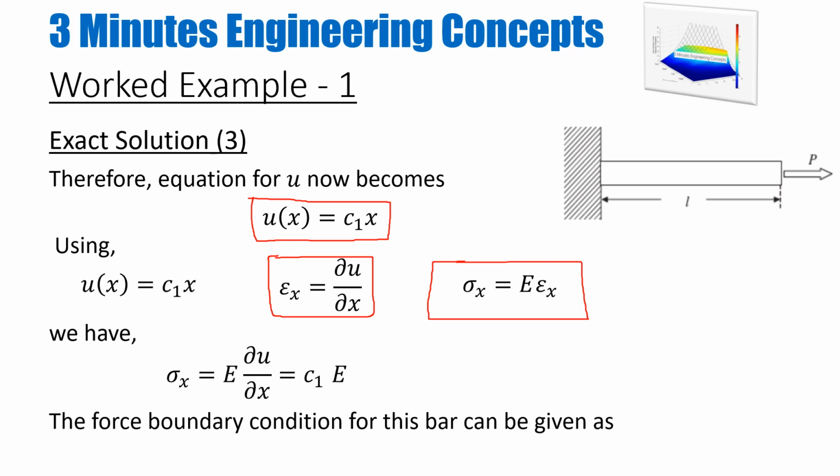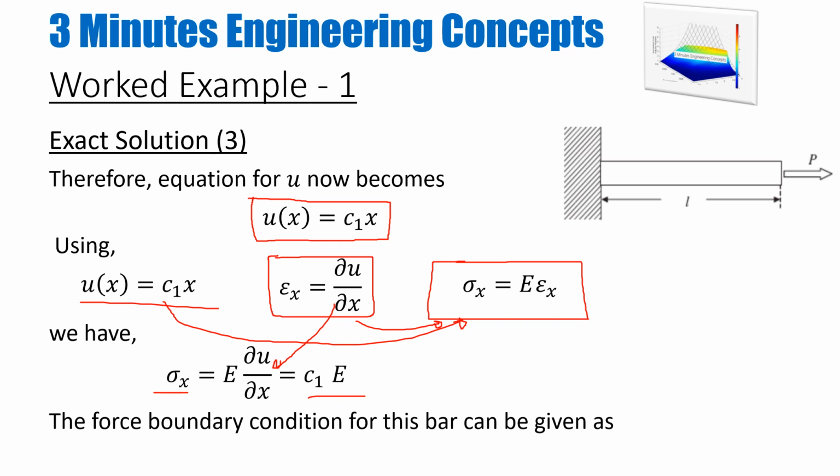After substituting everything into this equation, I find that my stress in x direction will be E times epsilon x, and I replace epsilon x with the partial derivative of u, and I get sigma x equals C1 times E. So using the strong form of my equilibrium equation, I found the value of C0, and using the kinematics and constitutive equation, I can now compute my stresses and strains if I know my displacement field.